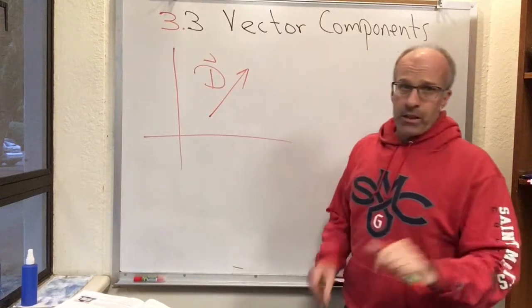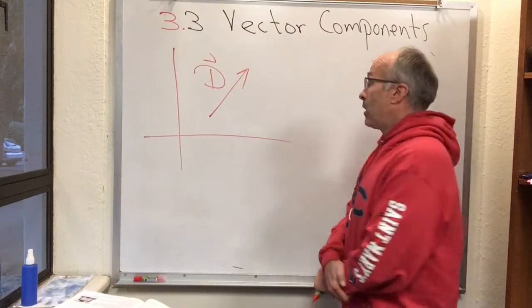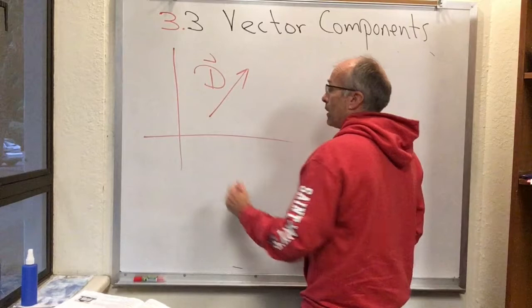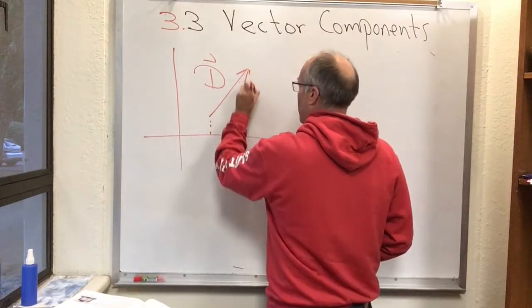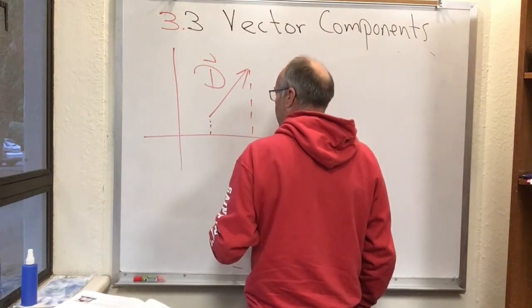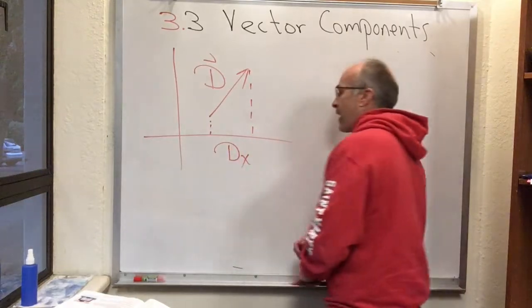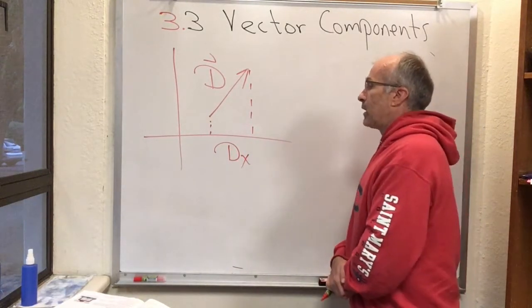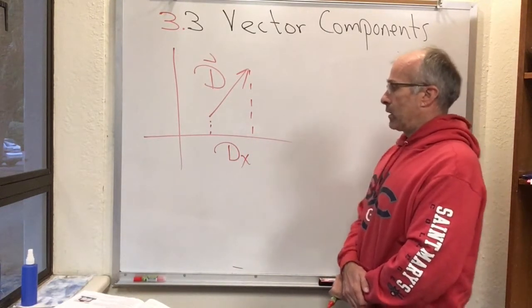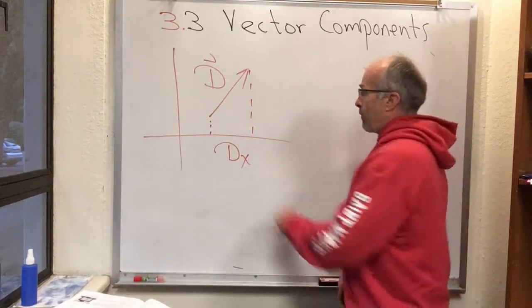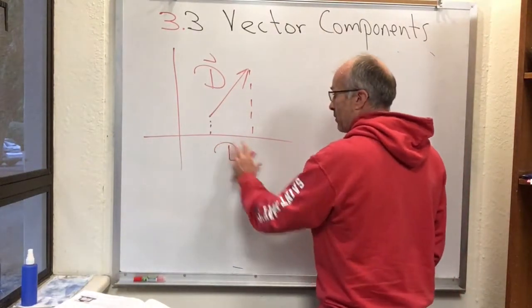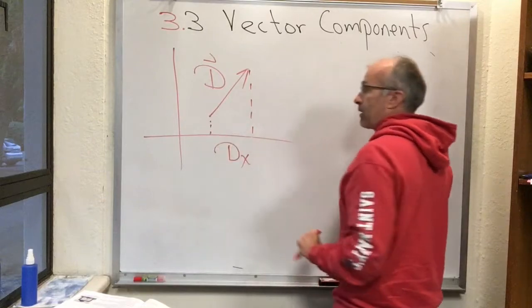Now here's a couple things I want to emphasize. One, this is a vector. The length of its shadow projected onto the x-axis, which we call d sub x, is not a vector. Notice there's no hat on it, no vector sign on it. It's d sub x, it's a number, it's a length.